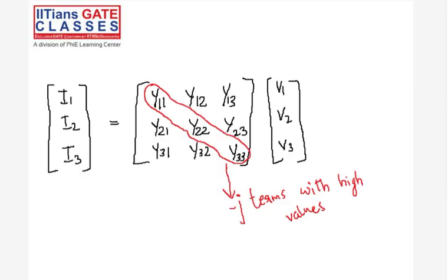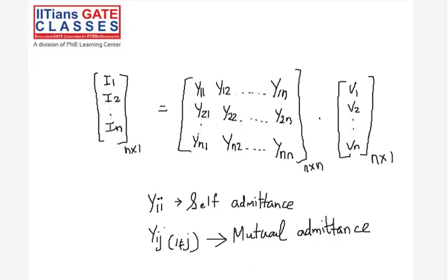So finally, if we write for all three buses, we will get Y11, Y12, Y13, Y21, Y22, Y23, and Y31, Y32, and Y33, right? So if you remember what I said in the last class, Yii is the self-admittance, and that is the sum of all elements connected at node i, right?